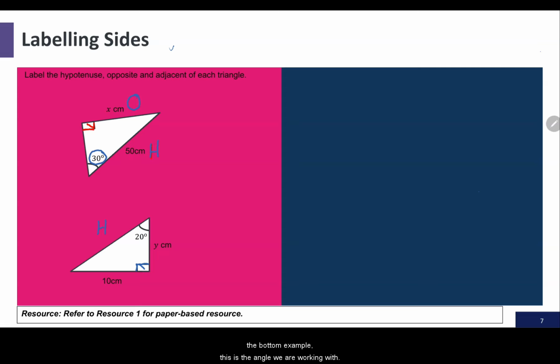With the bottom example, this is the angle we are working with, so the 10 centimeter side is the opposite. And the final side we need to label is the adjacent. And there are all the sides labelled for each triangle.